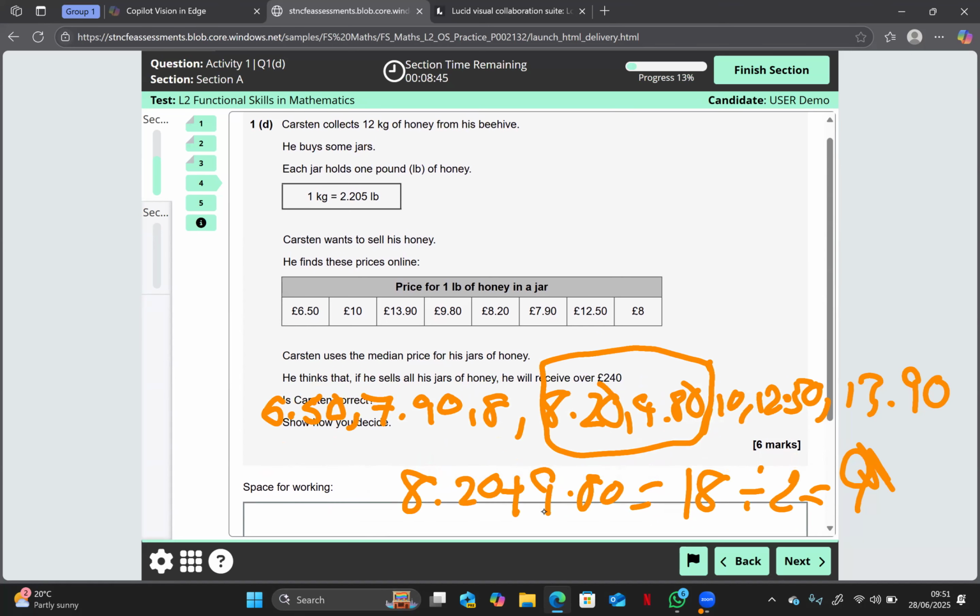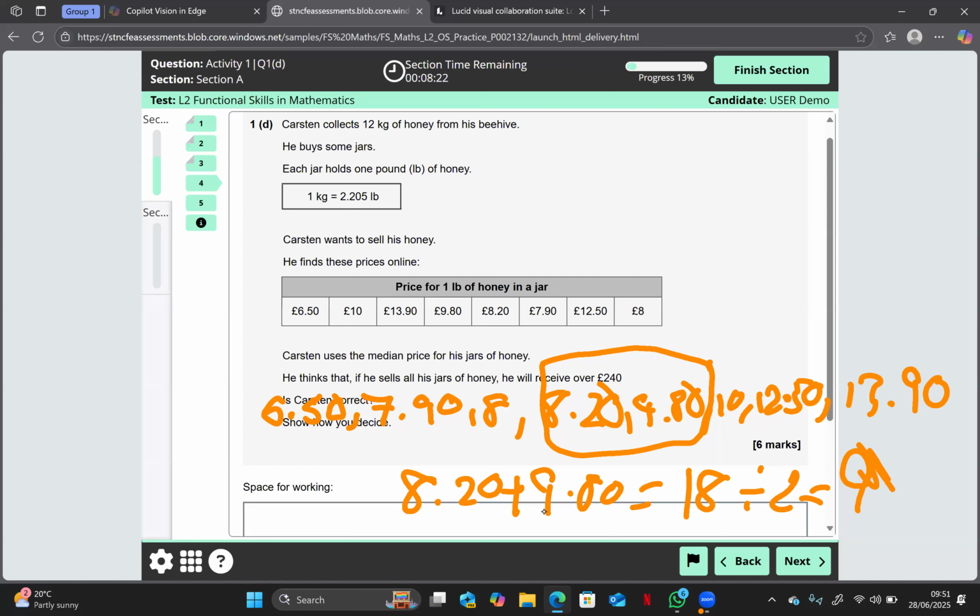To collect 12 kg, we need 12 kg of honey from his beehive. Each jar holds 1 pound of honey. Now he's got 12 kg. So how many jars will he have?